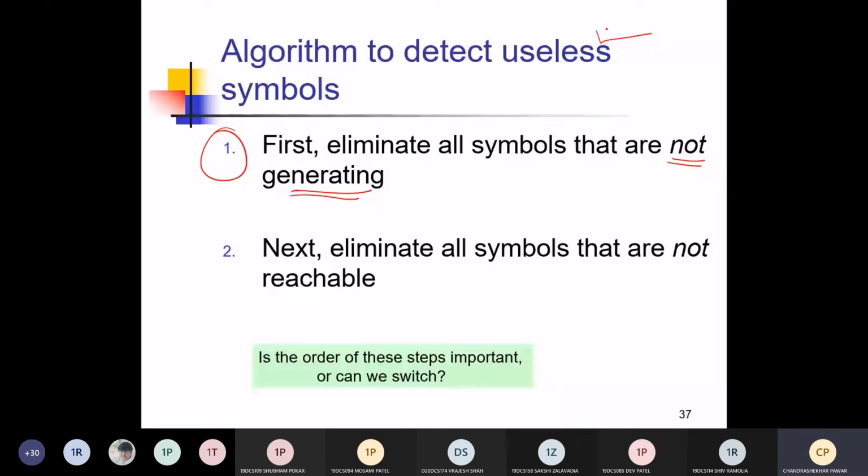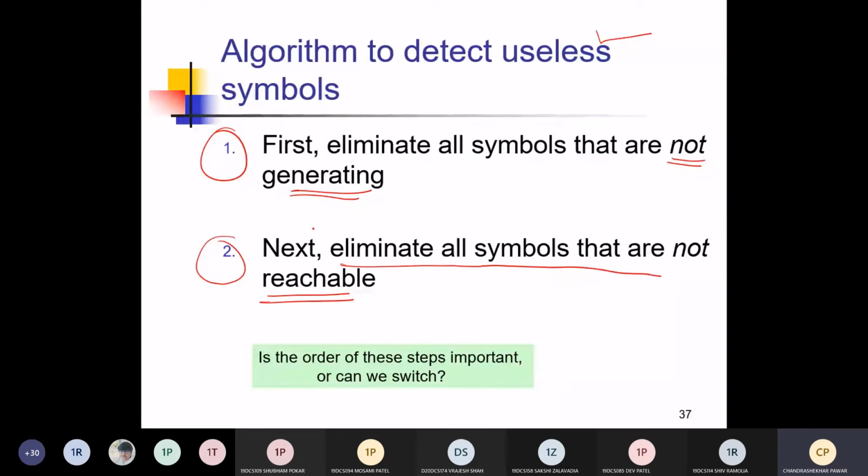Okay. So now we have to understand that within the first step we have to identify the not generating symbols, and within step number 2 we have to eliminate all the not reachable symbols. Now this sequence is very important.